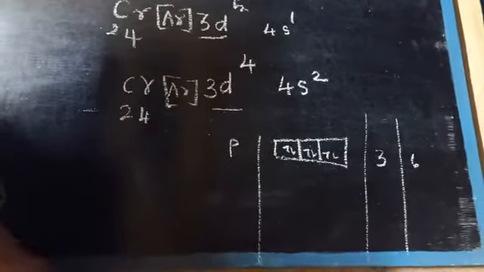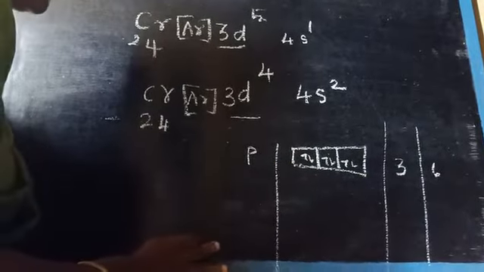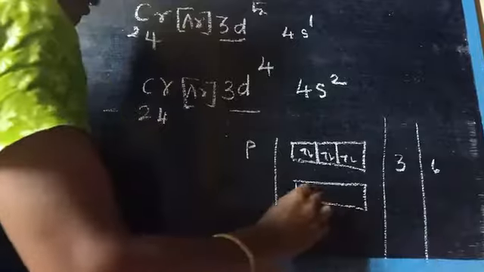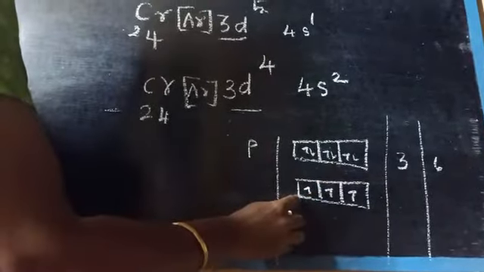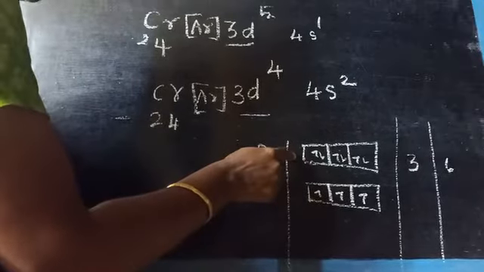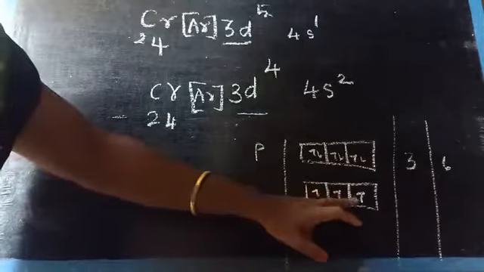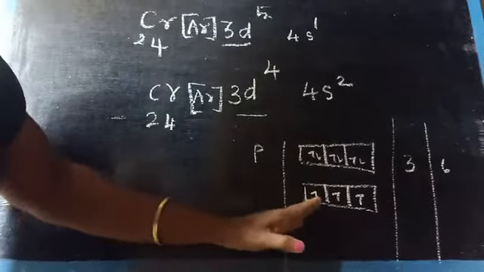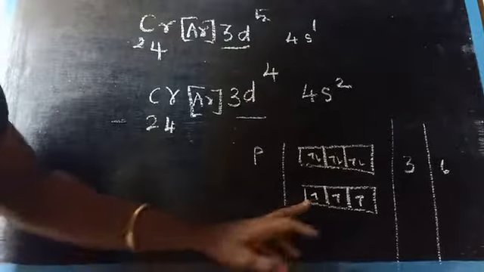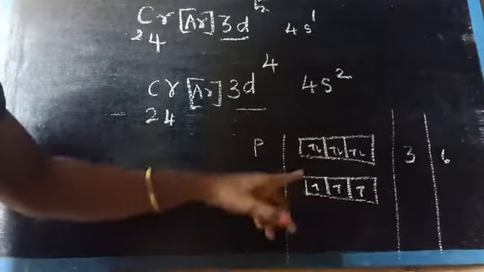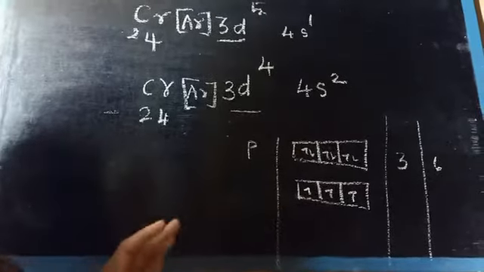In half filled, the 3 electrons are equally distributed with the same spin, and this is denoted as symmetry. The 6 electrons are also symmetry.